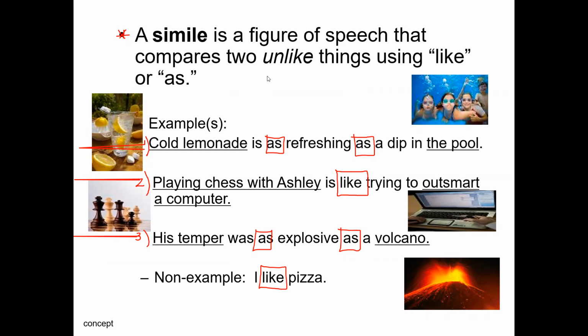A simile is a figure of speech or a comparison using like or as. That's very important to remember, that it uses like or as. So cold lemonade is as refreshing as a dip in the pool. That's a simile, right?